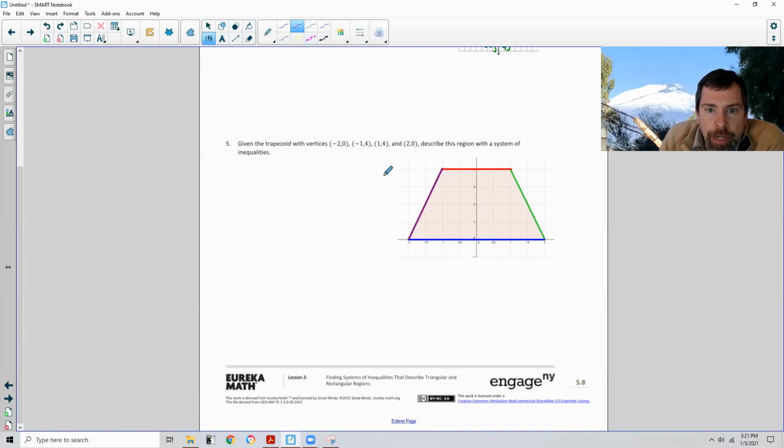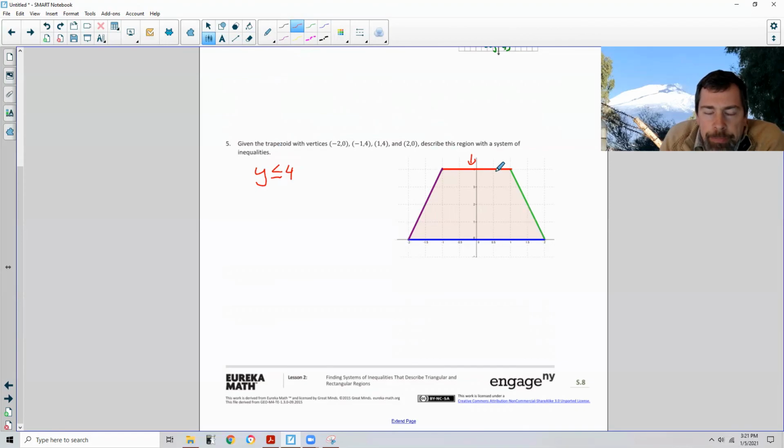So let's start with the red, and that is a horizontal line. So that is going to be x is equal to, but we're below. So below is less than or equal to. X is less than or equal to, is it x? No, it's y. My apologies. Let me fix that. We're dealing with range restriction. Y is less than or equal to 4.